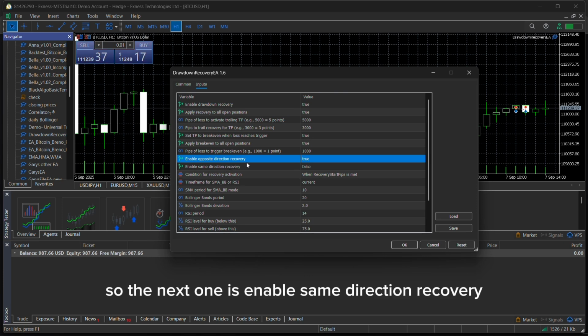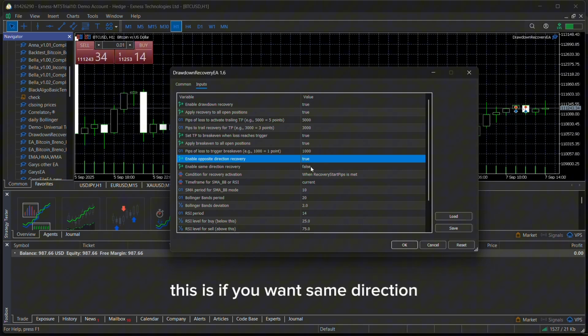So the next one is enable same direction recovery. Now, you can enable one or both. This is if you want the same direction.